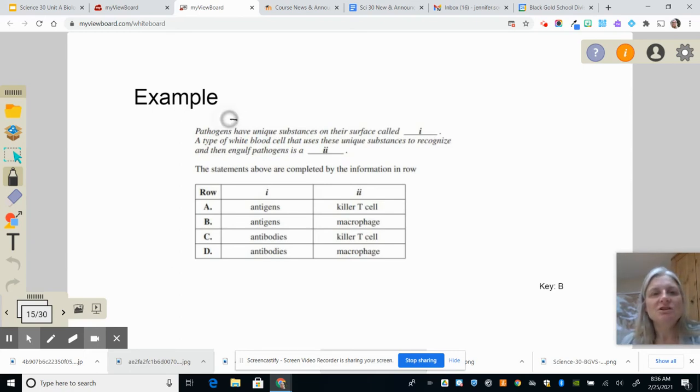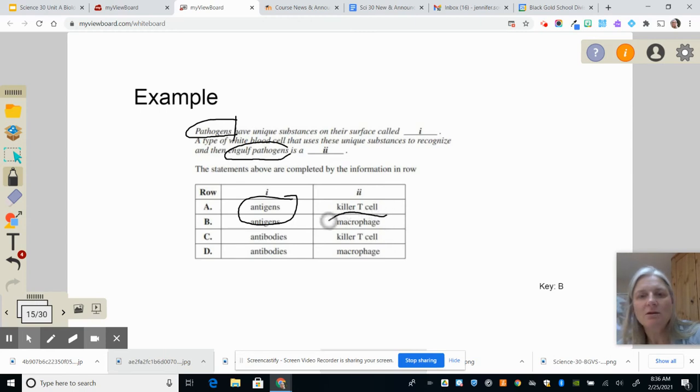So pathogens we talked about, these have antigens on their surface, antigen markers. And if you're talking about engulfing a pathogen, then you're talking about a macrophage, because the killer T cells are going to puncture and get rid of the antigens. So the answer is B in this case.